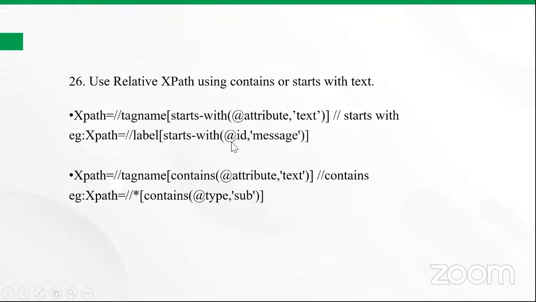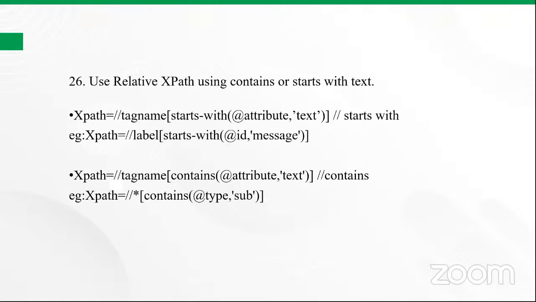See, suppose the id value is message 1 2 3 4 5, but you want to cut it short, as an easy method to identify it. So you can use whatever elements start with message as the id attribute value, and it will be identified.